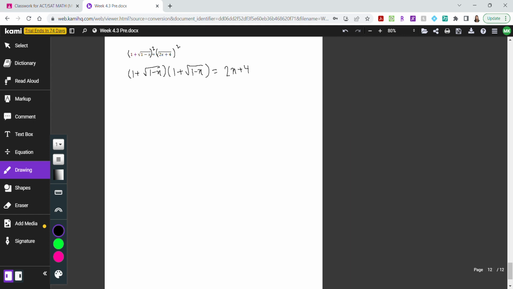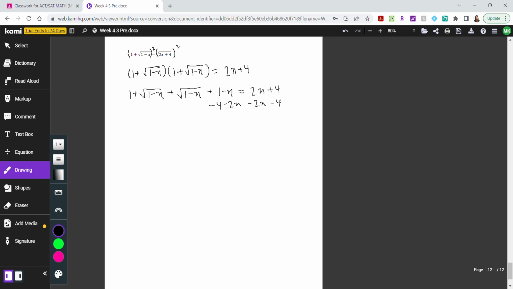Alright, now from here, let's FOIL it, which is going to give us 1 plus square root 1 minus x plus square root 1 minus x plus 1 minus x equals 2x plus 4. From here, I am going to also bring these over this side, and we're going to group all the like terms together.